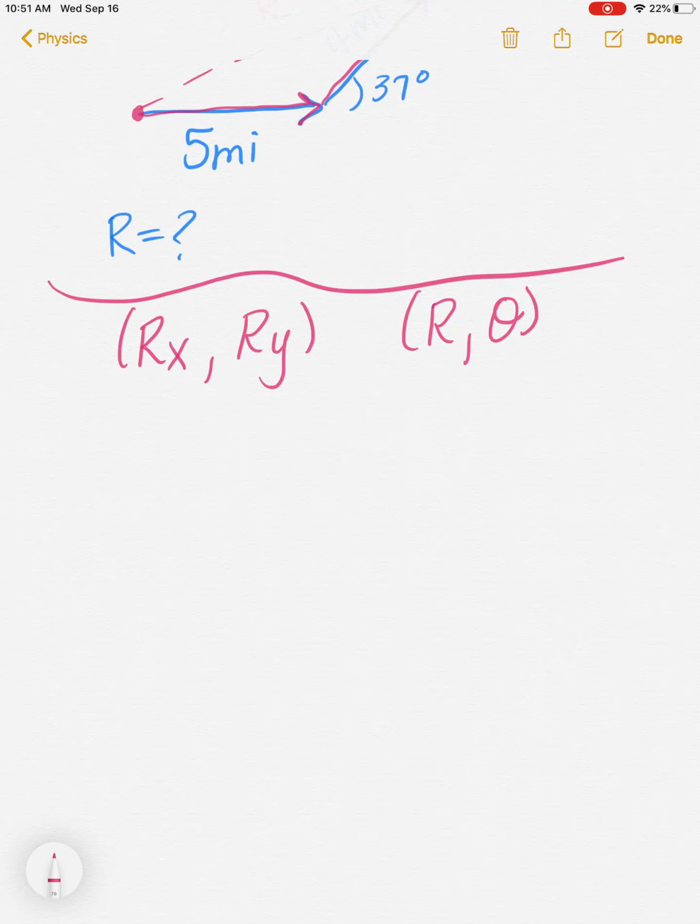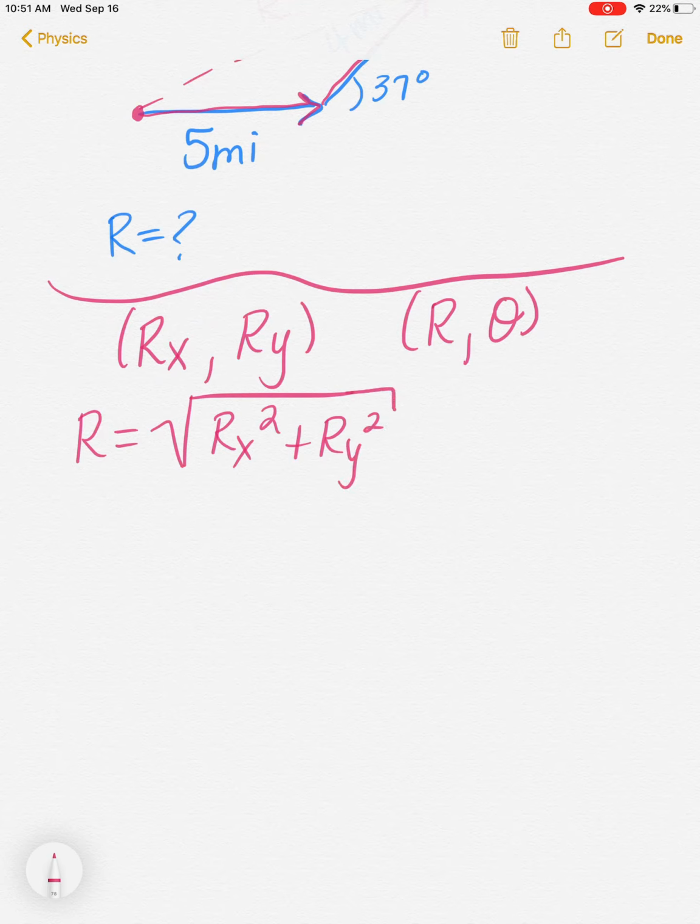All right, and if you need to interconvert between these, let's say you have the X and the Y and you want to get to polar. So polar, the resultant would be equal to the square root of the X component squared plus the Y component squared.